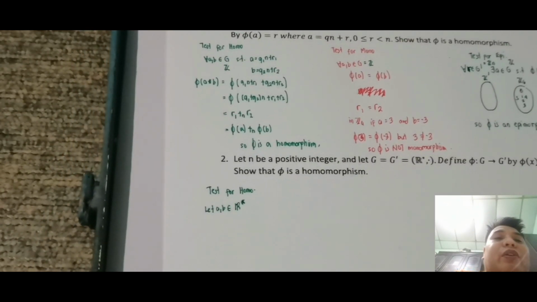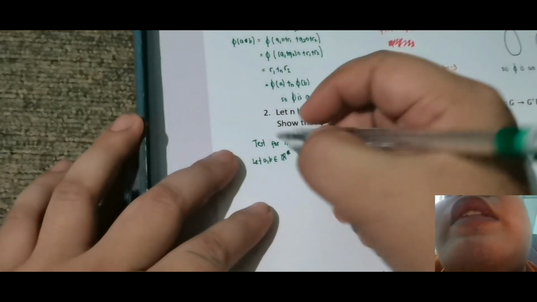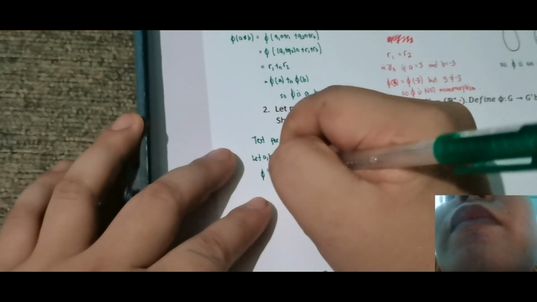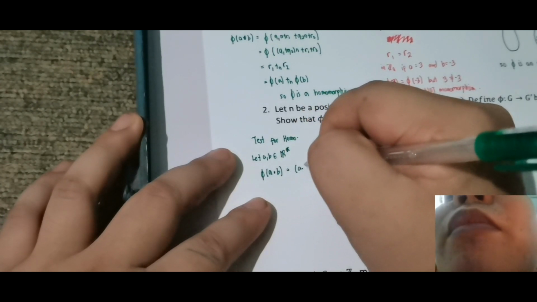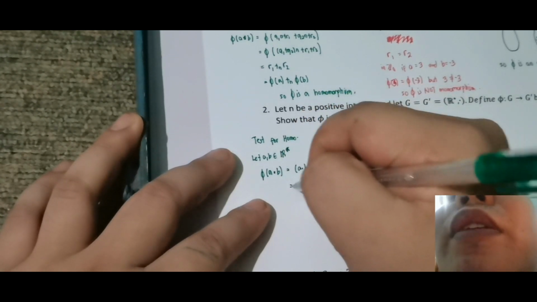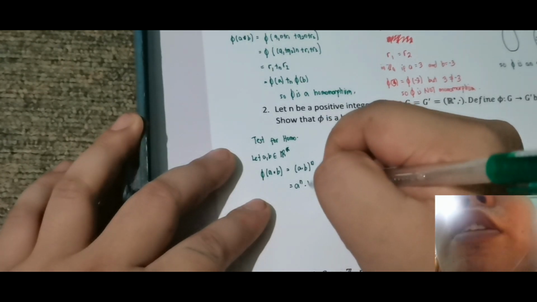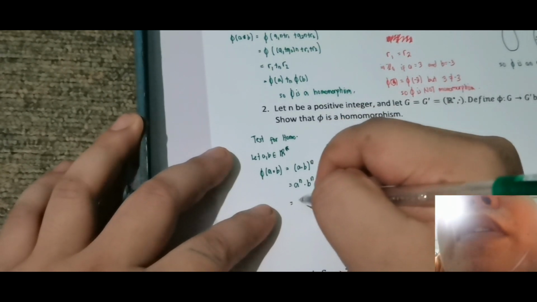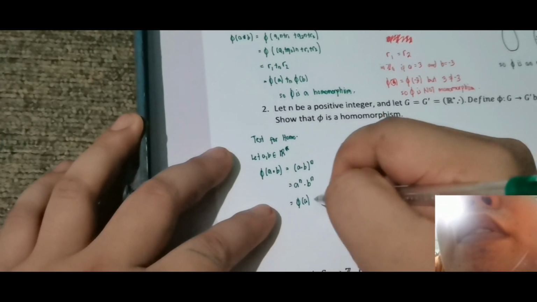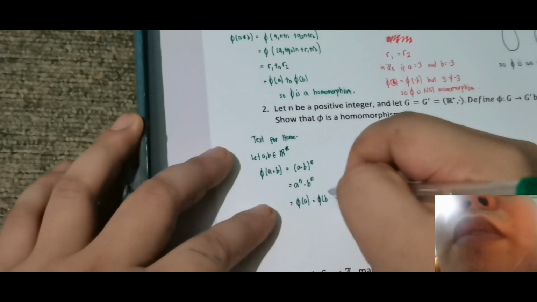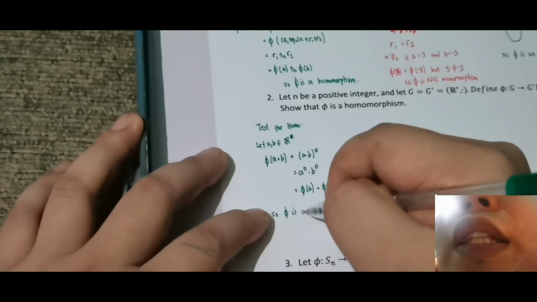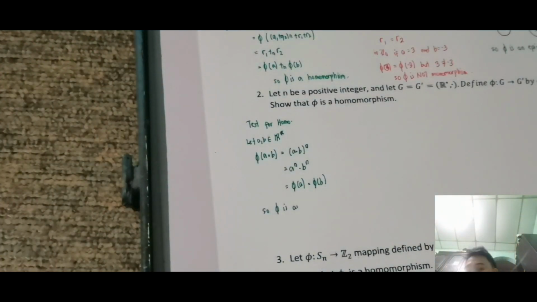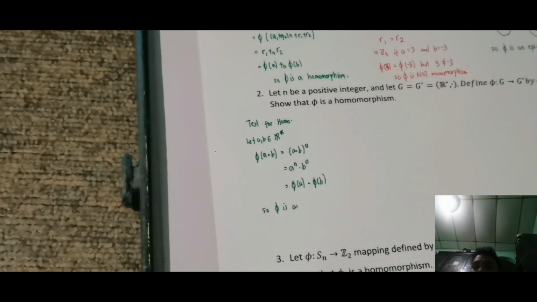So, let's have the test for homomorphism. It is obvious, no? So consider P of A multiplied by B. This is just equal to A multiplied by B raised to N, or simply this is A raised to N multiplied by B raised to N, or simply this is just P of A multiplied by P of B. So P is a homomorphism, but since G is equal to G prime, what do we call that?